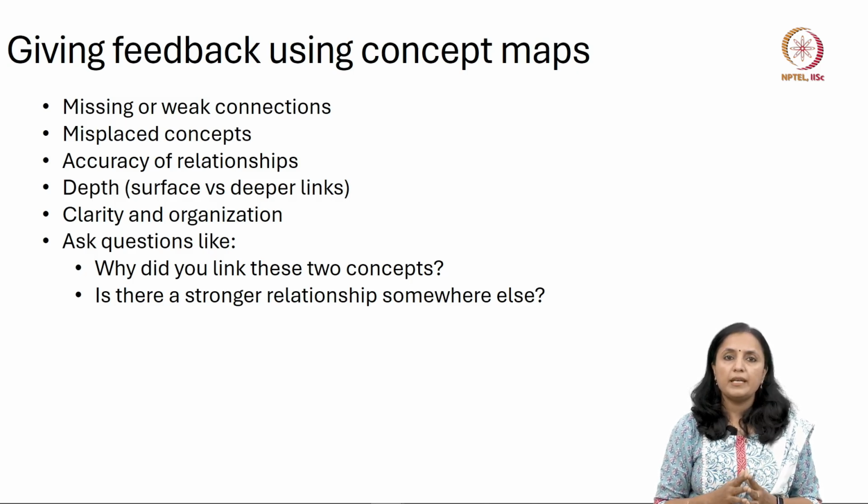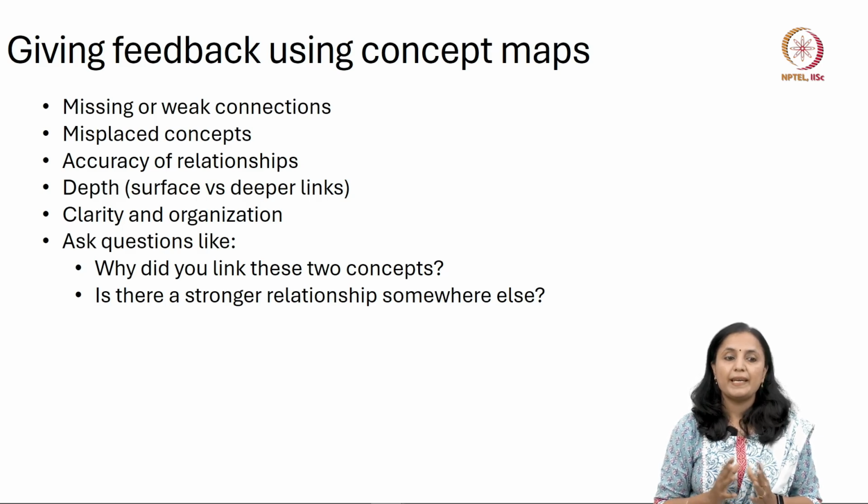The third can be accuracy of the relationship. As faculty members, we need to check whether the links accurately reflect the correct cause, evidence, or explanation. Incorrect relationships are an excellent opportunity. They are teachable moments for us because they expose the misconceptions among the students.